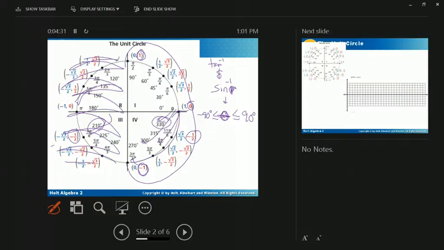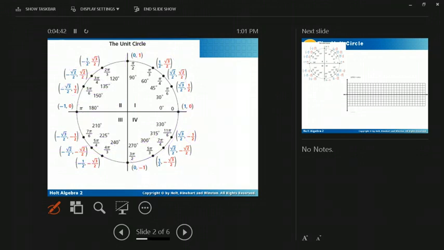So make this note for tangent inverse and sine inverse. I'm going to make it on my paper in a second, but I need to erase this ink because I have to show you what it's going to look like for cosine.